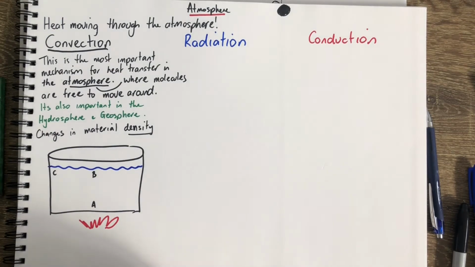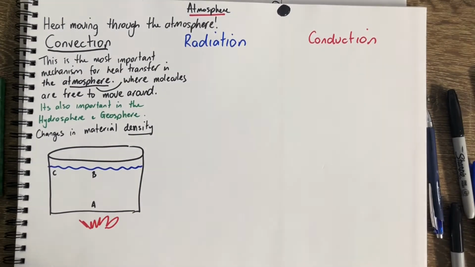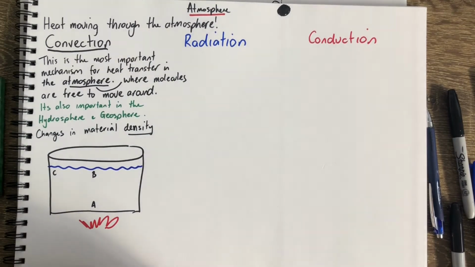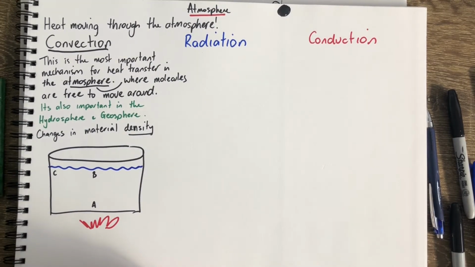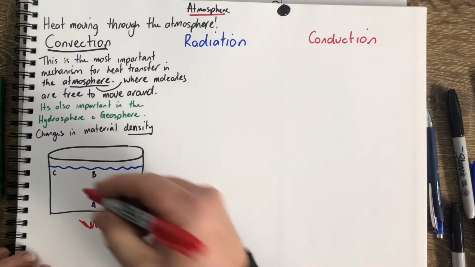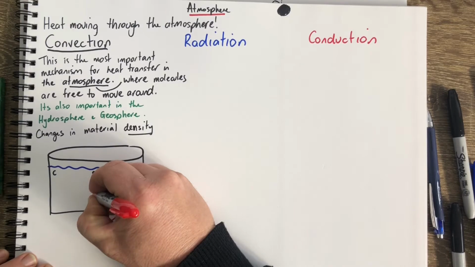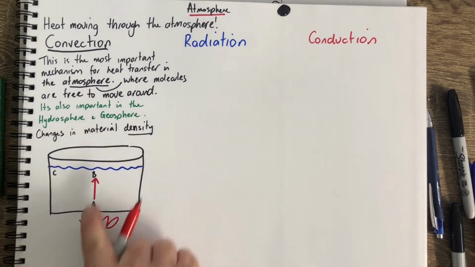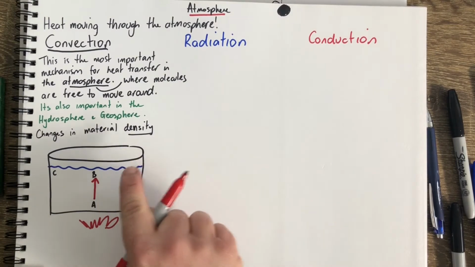I've drawn this many times before. So at point A, the water is heated, and at this point the water becomes less dense. The spaces in between the molecules become further apart, and our density lowers. So because our density is lower than the surrounding water, the water is going to rise up.